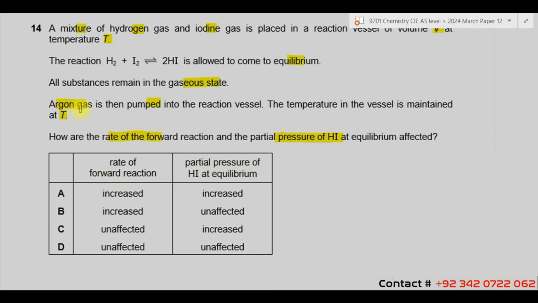Let's see. Argon gas is unreactive. So it neither helps the forward reaction nor the backward reaction. So it does not affect the equilibrium position.